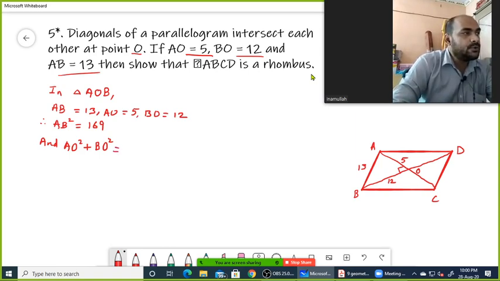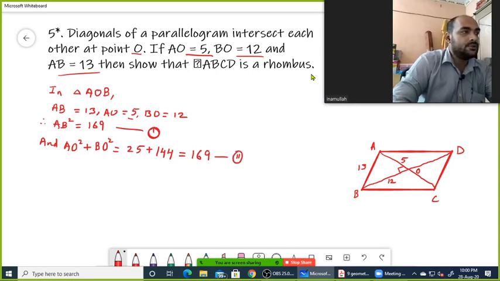AO square, that is 5 square, gives us 25, plus BO square, 12 square, which is 144. So 25 plus 144 again gives 169. So this can be considered as 1 and this can be considered as 2.